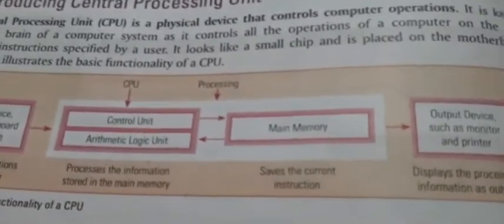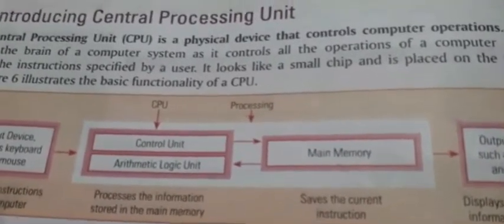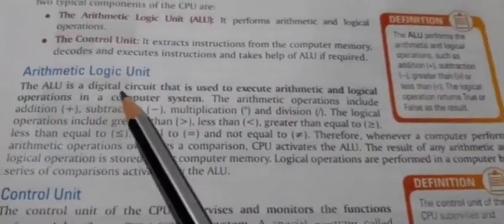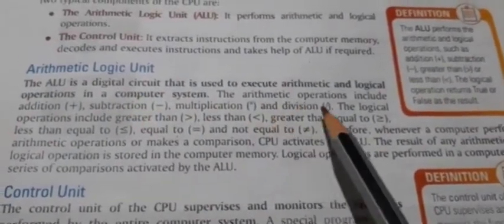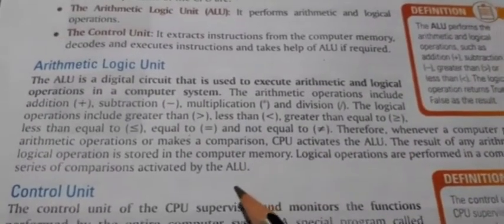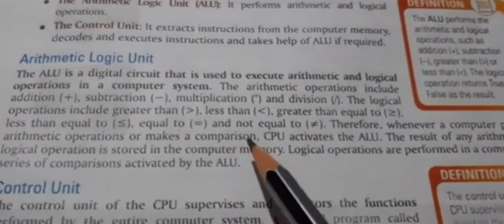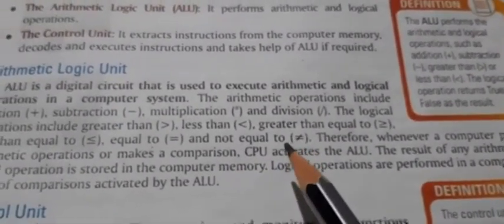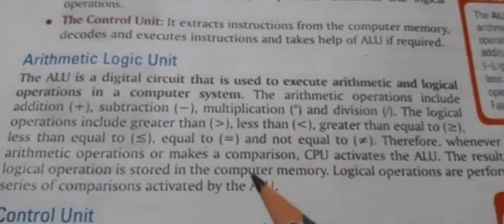So let's see the work of the arithmetical and logical unit. The arithmetical and logical unit performs the processing and gives the output for any type of arithmetical or logical work. So what is the difference between arithmetical and logical?